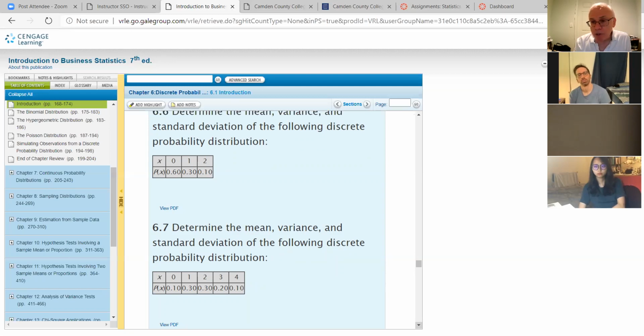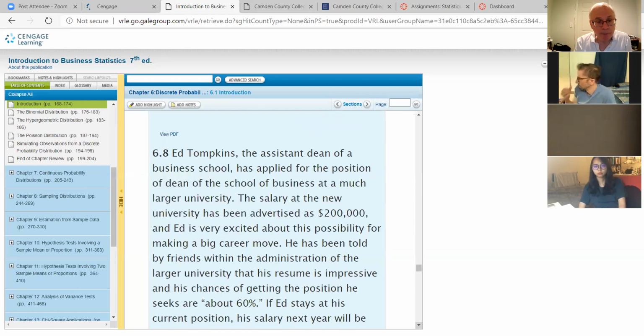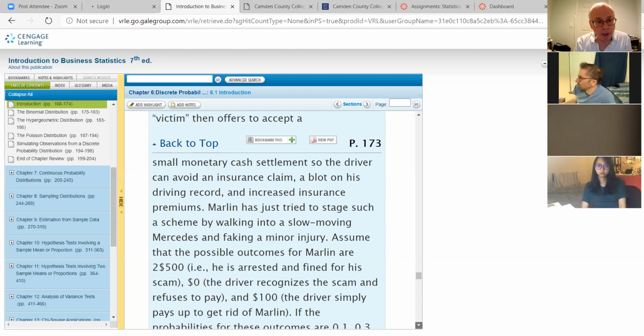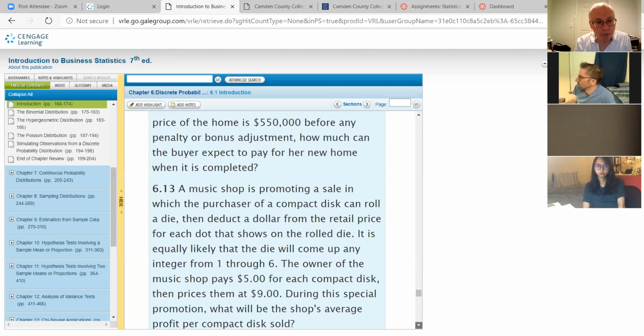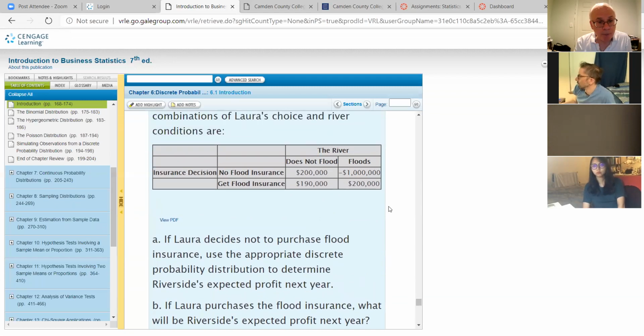Might as well use Microsoft Excel. It's easy and saves you a little bit of work. As long as you feel comfortable creating that little table, you should be able to do it pretty easily. Anyway, let's move on. I'll assign some problems like this. I think I've already assigned some of them.